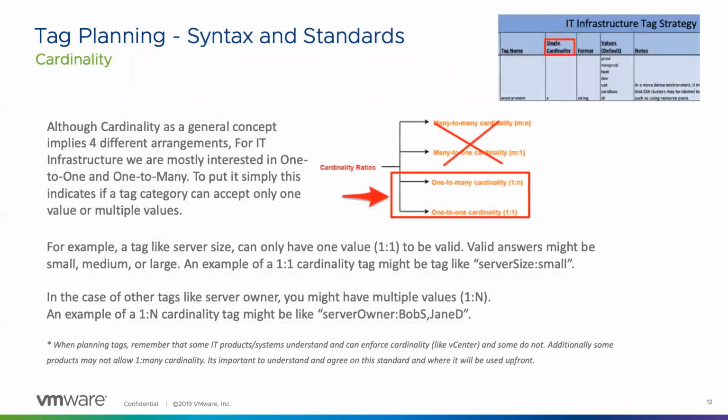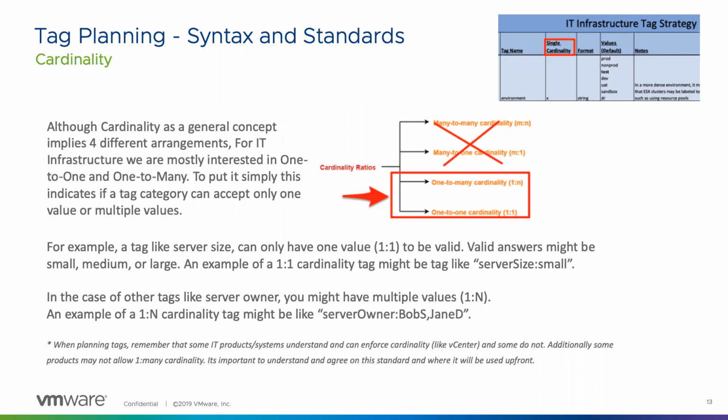So going a little bit further down this, we would be remiss if we didn't talk about cardinality. In the world of tags, there is a correlation between a tag category and a tag name. So cardinality in general, there's 4 different arrangements as is depicted on the screen. But when it comes to infrastructure tagging, we don't want to be dealing with multiple tag categories.